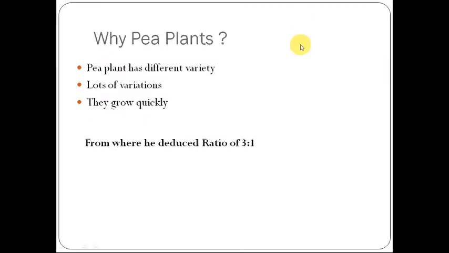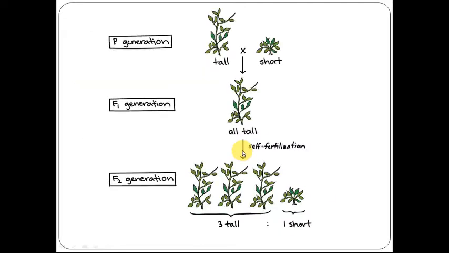Why pea plants? Pea plants have different varieties, lots of variations. They grow very quickly. This is the experiment which brought about the ratio of 3:1. Like we can see, a pea plant is tall and there is a short one, but most of the plants produced in the F1 generation are all tall, like this.